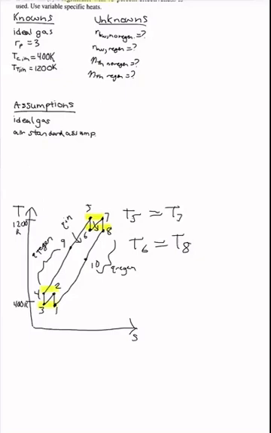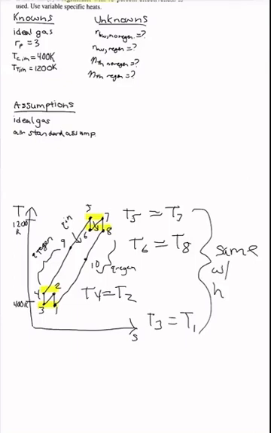And then down here, T4 equals T2, and T3 equals T1. Now with all of these, it's the same with the H values. So we need to keep that in mind as we're finding values for our problem.